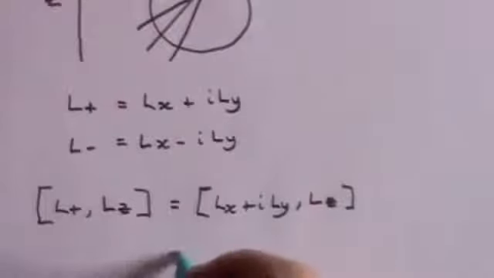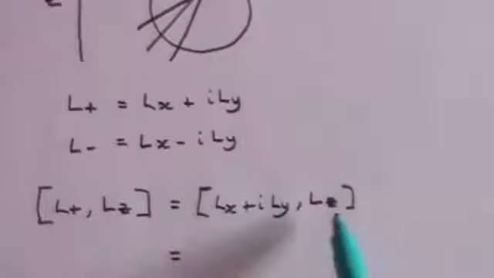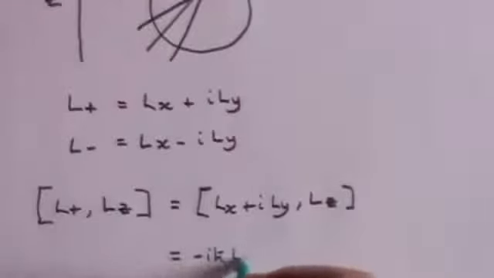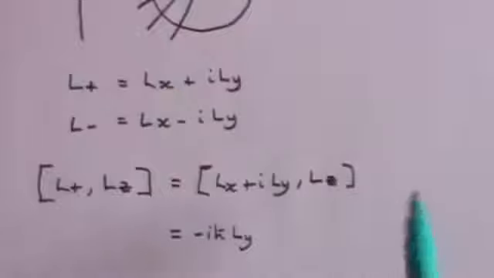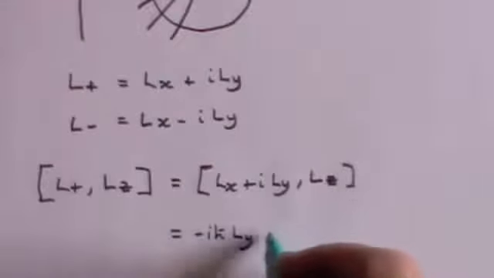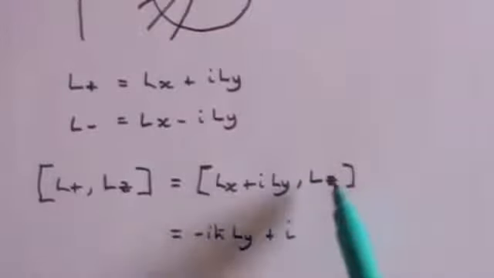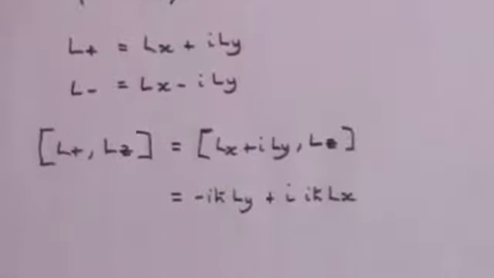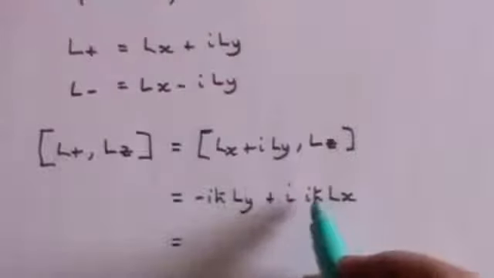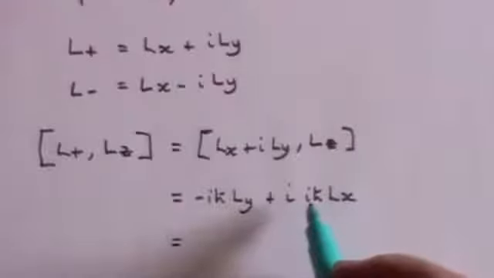And we know what that is, because the commutator of Lx and Lz is minus iħ Ly, because it would have been the other way round if you wanted it to be plus iħ Ly. And the commutator of Ly and Lz, we've got an i here, so let's put that i first. The commutator of Ly and Lz is iħ Lx. This time it is plus. And so these two i's multiplied together will give me a minus 1.